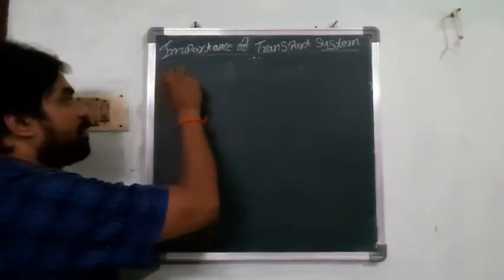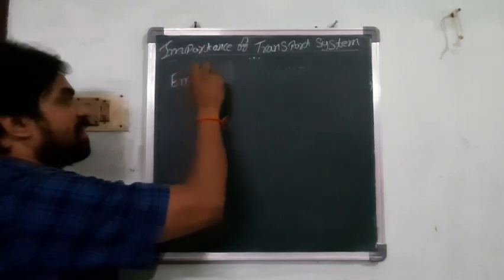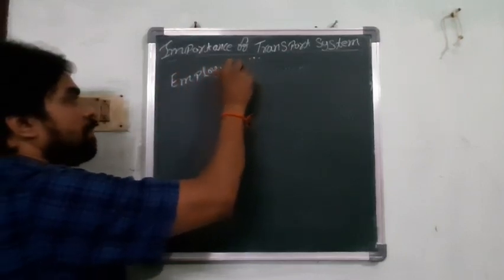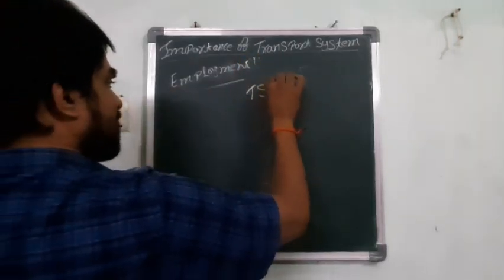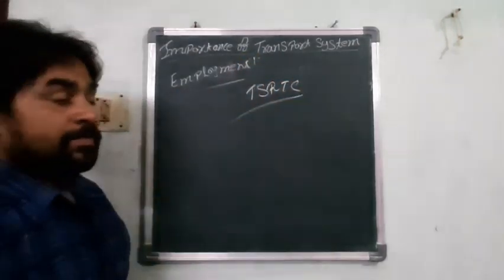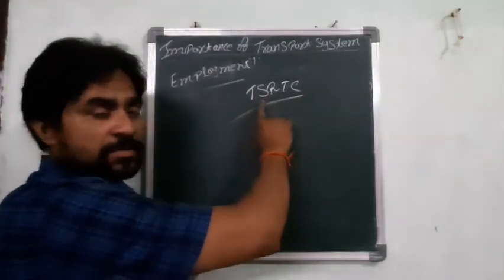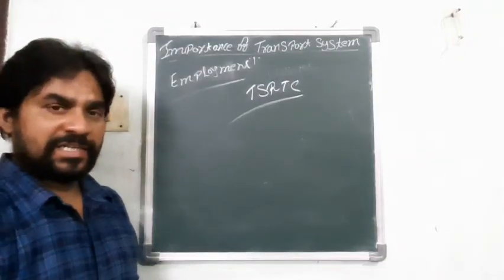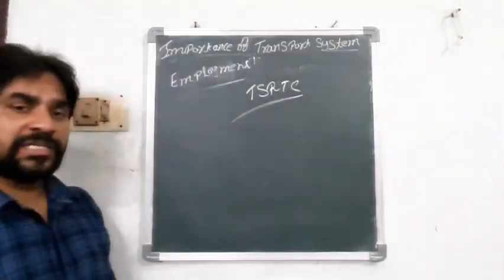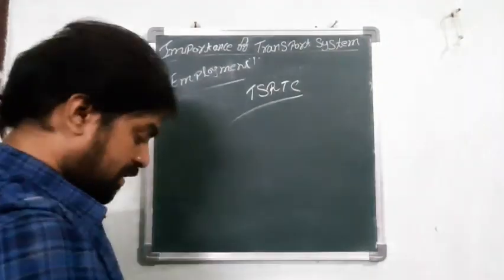How many people are working in the region of Telangana? The Telangana transport system is called TSRTC, Telangana State Road Transport Corporation. What is TSRTC? Telangana State Road Transport Corporation.